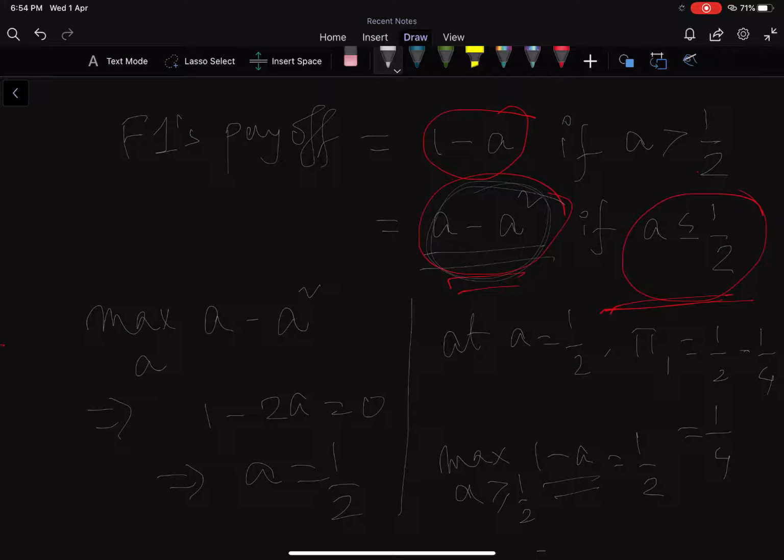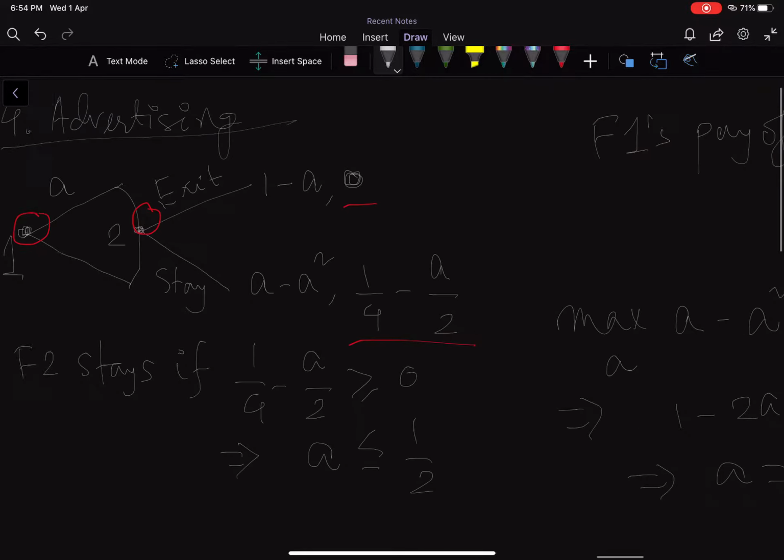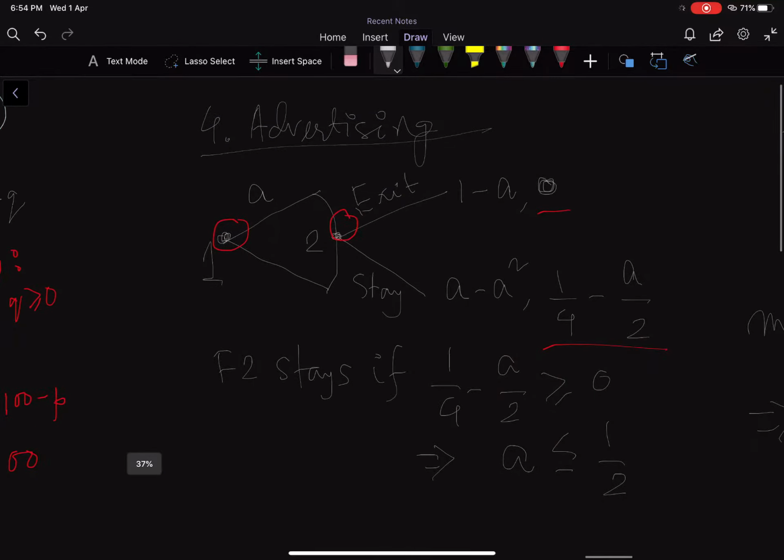But at A equal to half, from the previous analysis, the payoff is exactly 0 for player 2, so player 2 is indifferent between staying in and exiting, and therefore exiting is a best response.